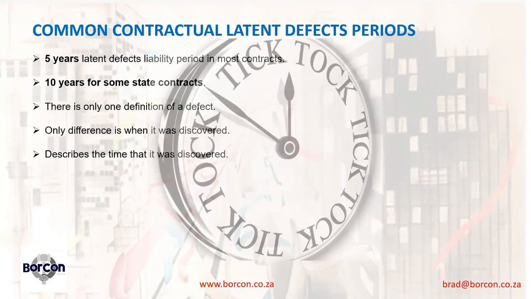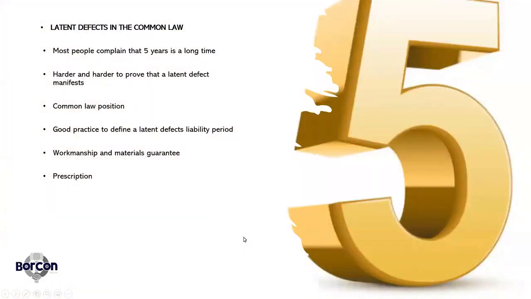You are often called upon, I'm sure, to provide workmanship and material guarantees, and those workmanship and material guarantees are basically a confirmation that you will attend to your defect liability obligations.